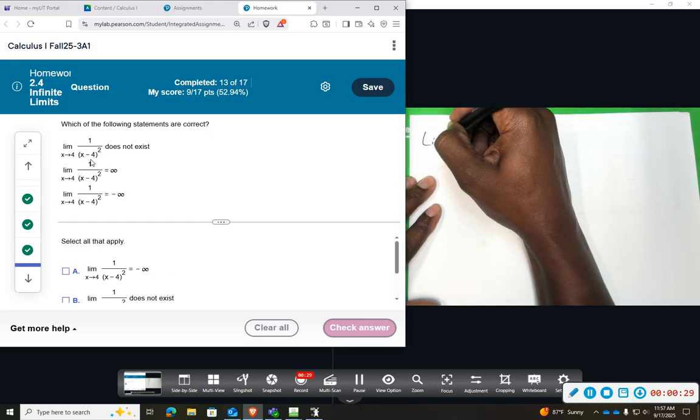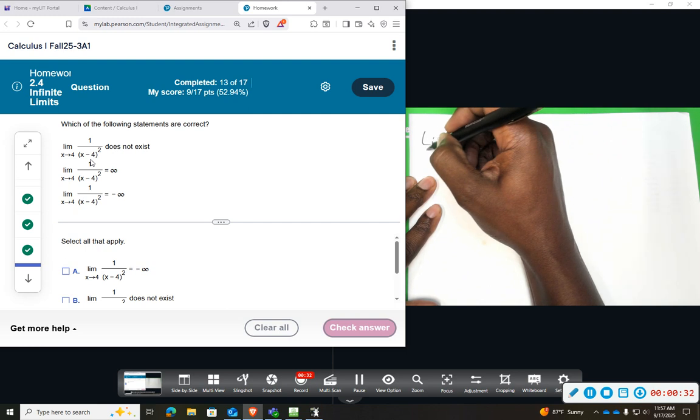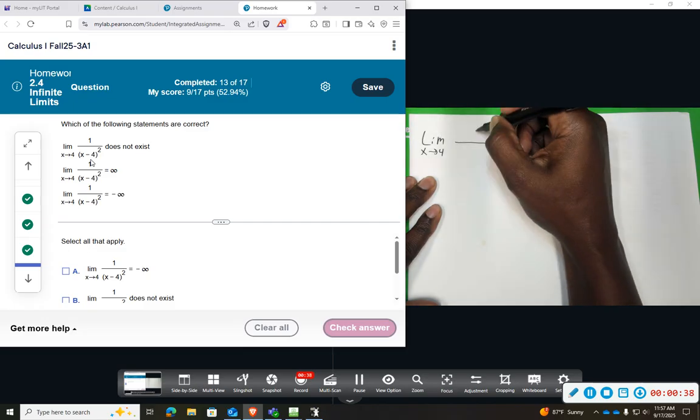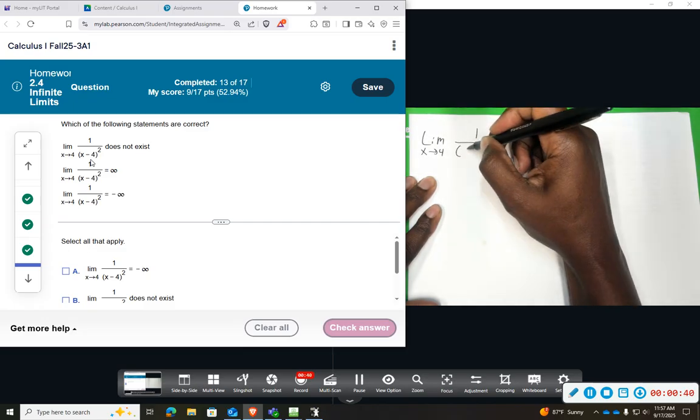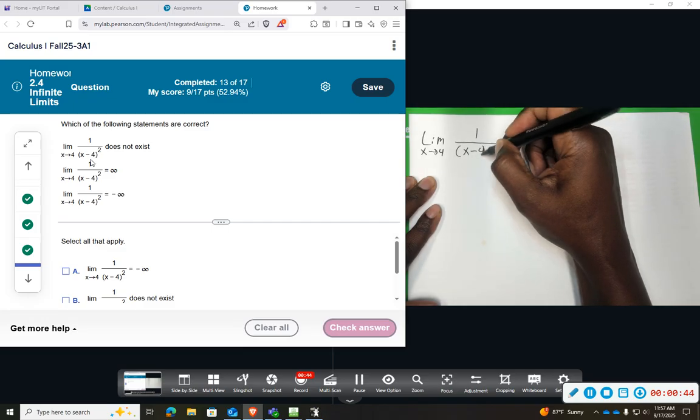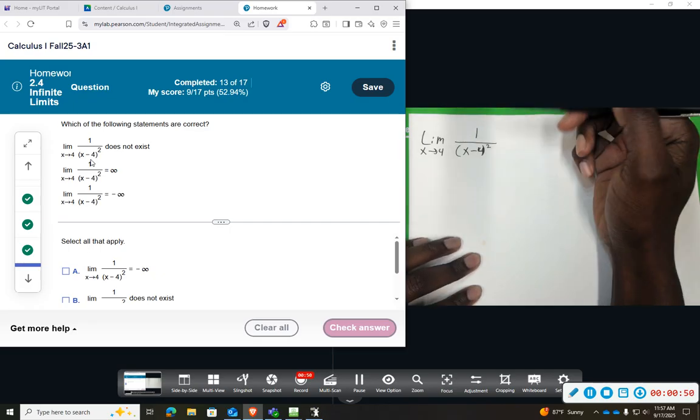So we're going to write limit as x goes to 4 of 1 over x minus 4 squared. Okay, so what this looks like is it's close to the rational function.